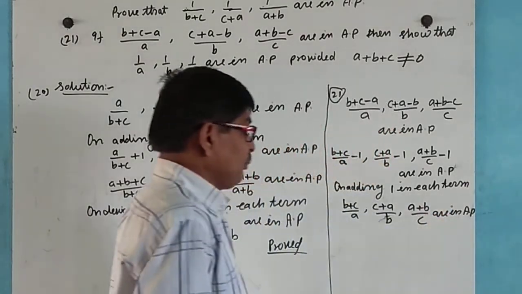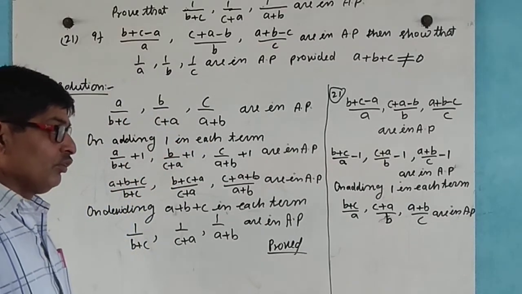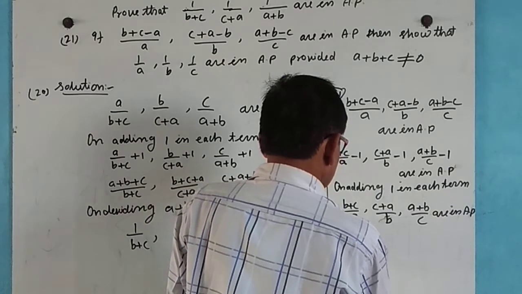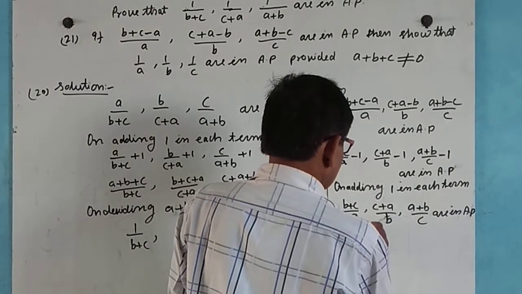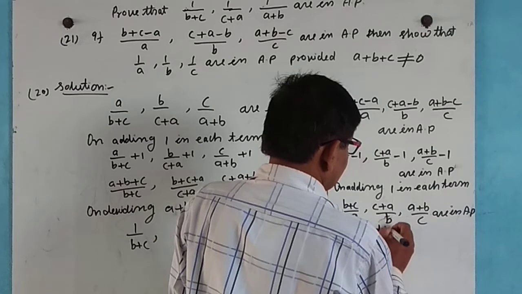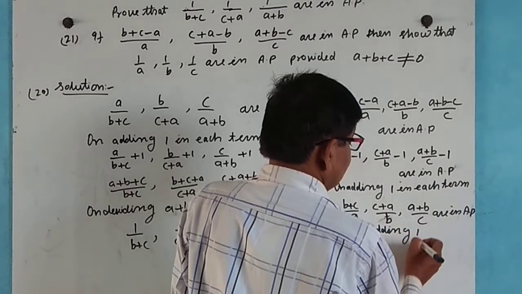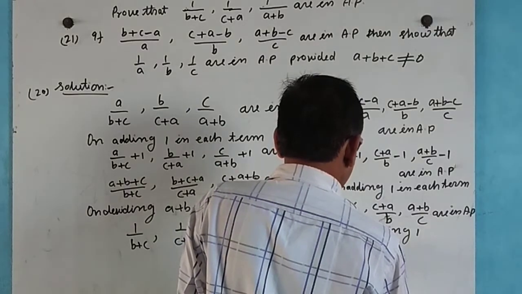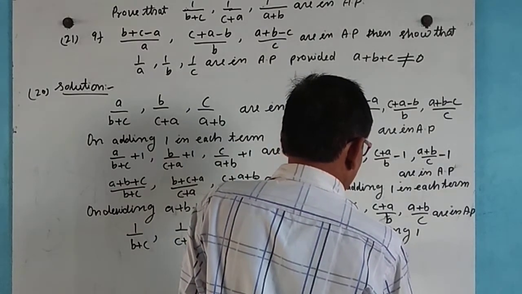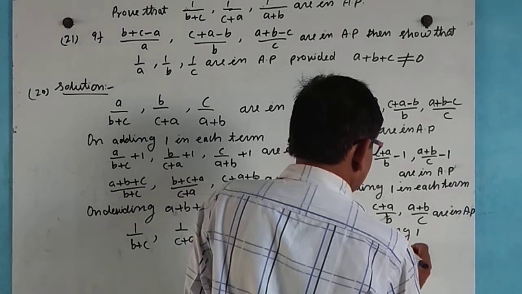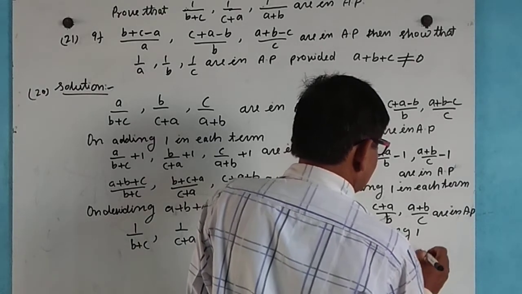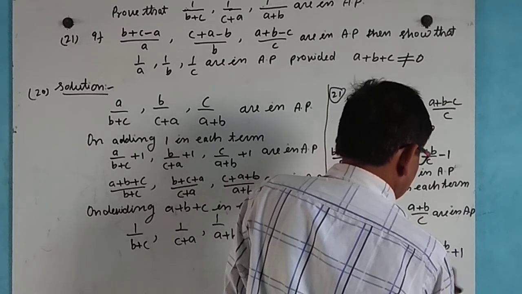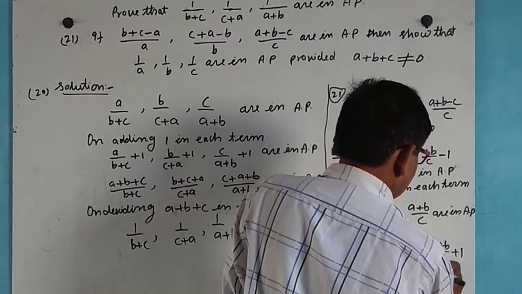This is also in AP. Now adding 1 again, this becomes b plus c by a plus 1, c plus a by b plus 1, a plus b by c plus 1 are in AP.